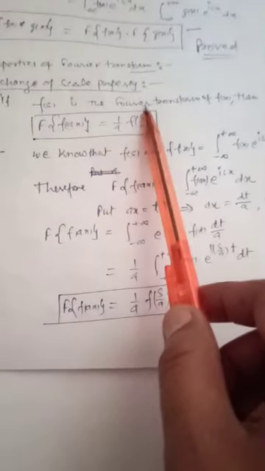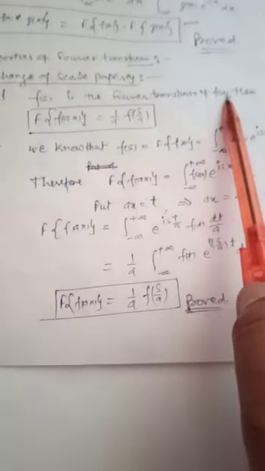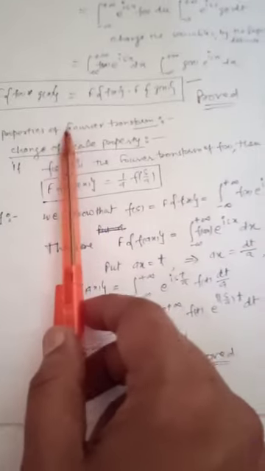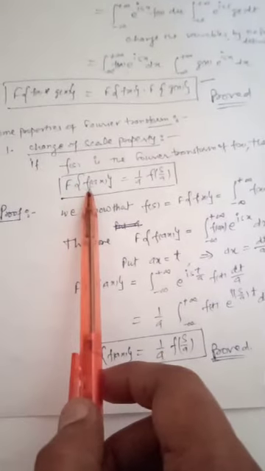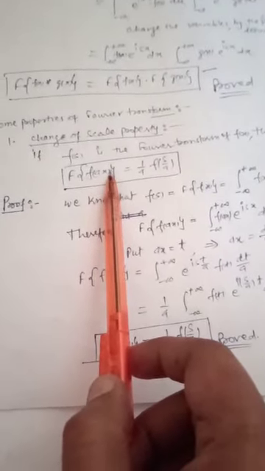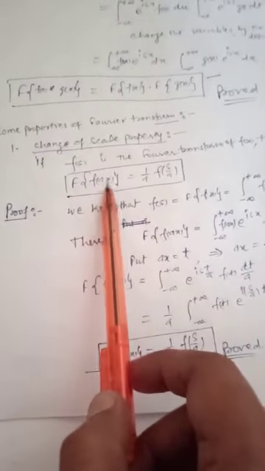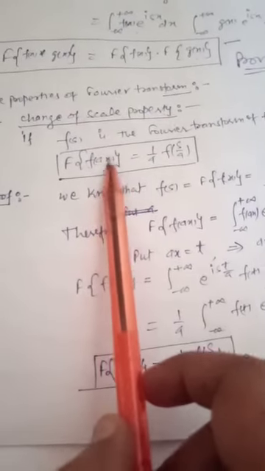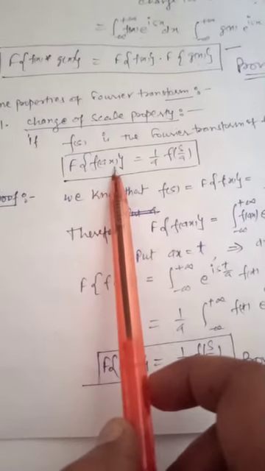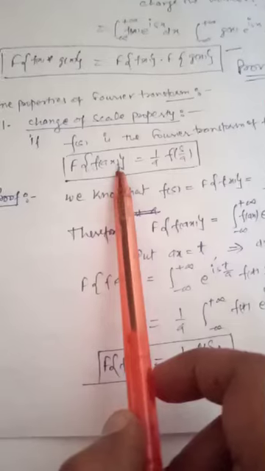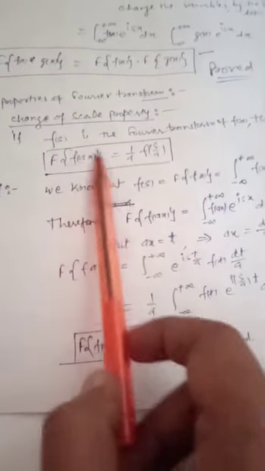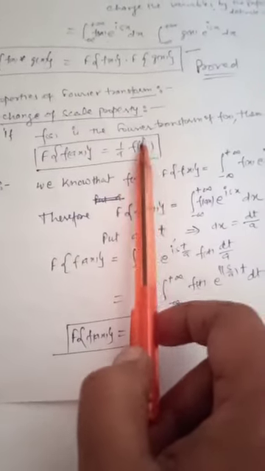If F of s is the Fourier transform of f of x, then f of ax, which means you replace f of x by some new function f of ax, where x is just a times x, then the Fourier transform of this function is basically nothing but 1 by a F of s by a.